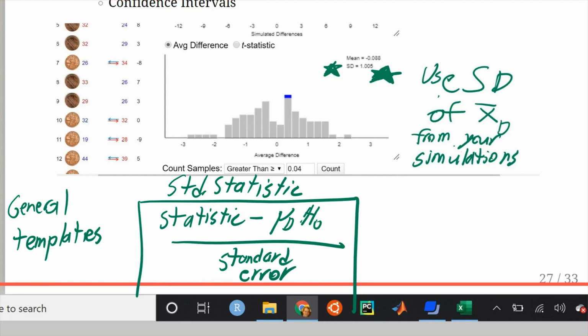We need 3 pieces of information to find the standardized statistic t. Well, what's our sample statistic? Our sample statistic was x bar d.